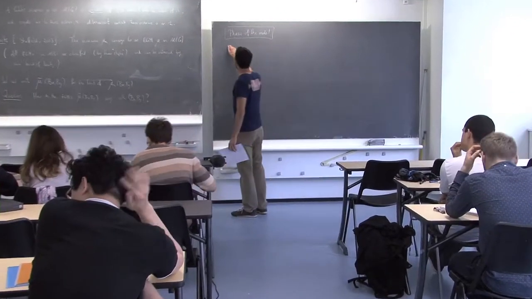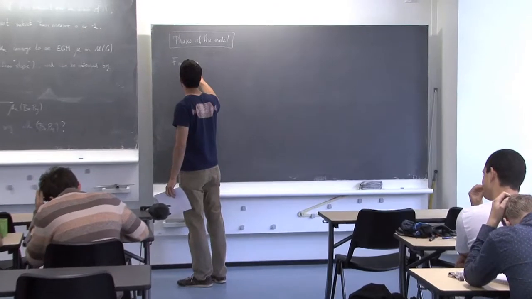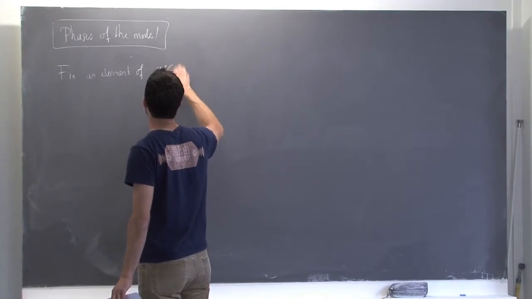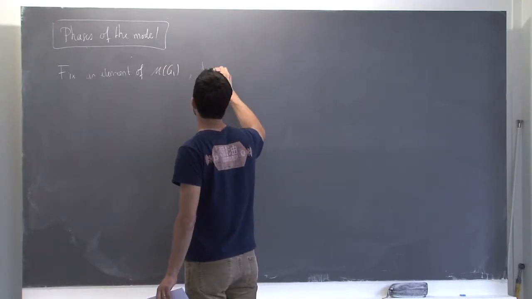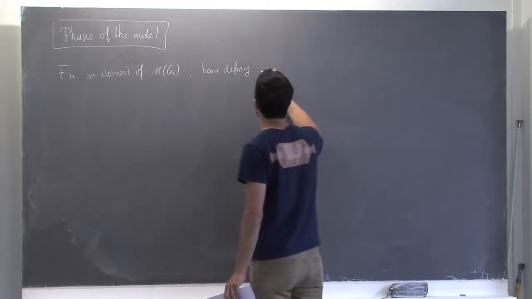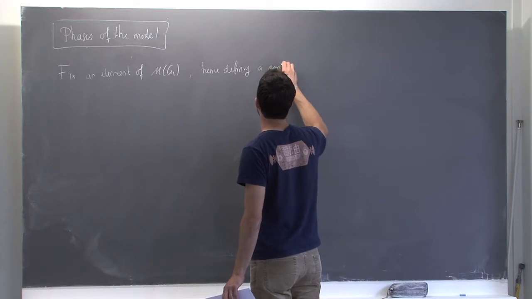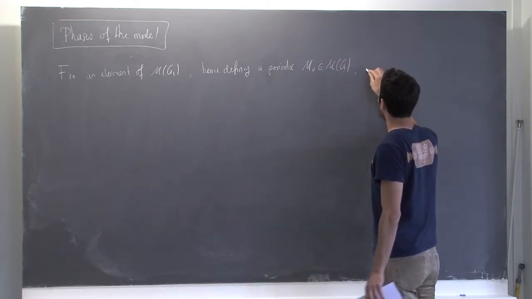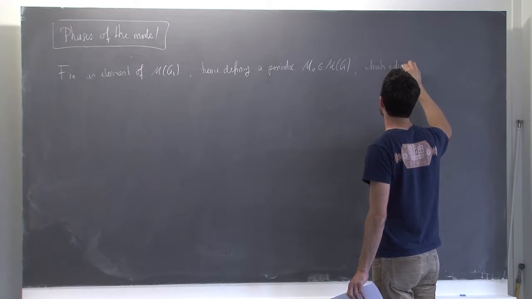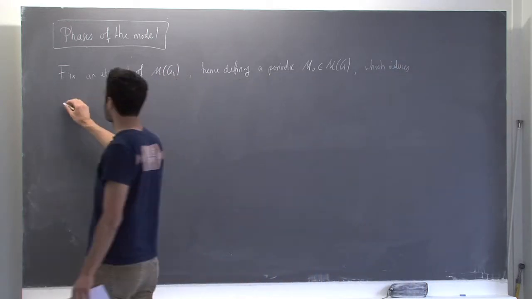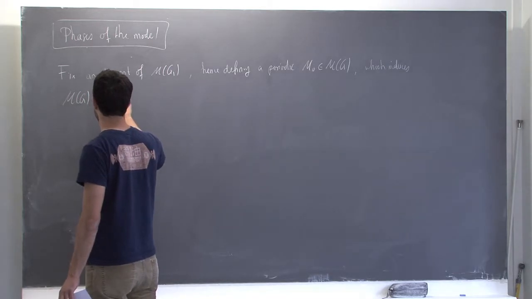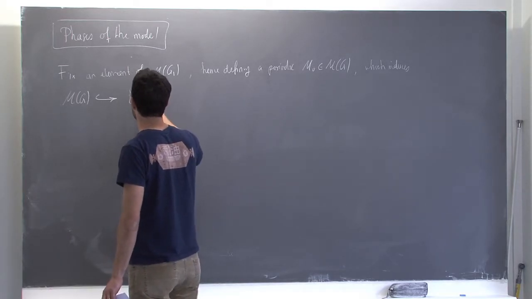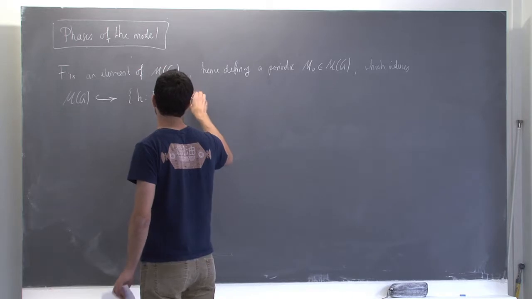So I will fix an element of M G 1, hence defining some aperiodic perfect matching M0 on G, which induces, as we saw, an injective map from the set of perfect matchings to the set of height functions, so functions like this.